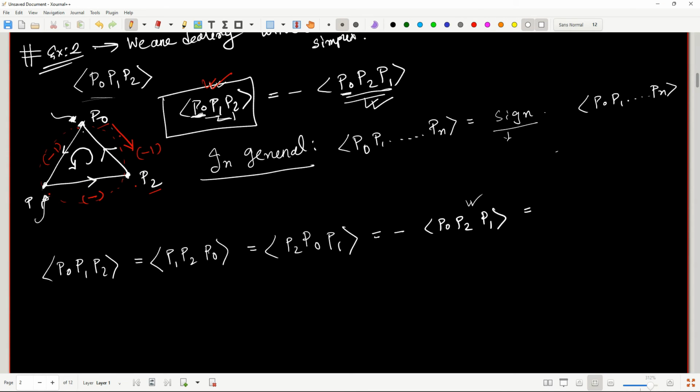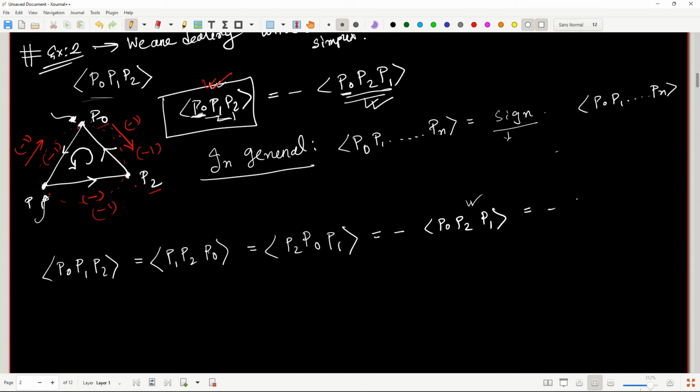So I can now again go from P1 to P0, because if I go from P1 to P2, I'm going along the direction that I initially endowed this simplex with. So what I want to do, I want to go from P1 to P0 so that I can go into the opposite direction. Okay, so I go from P1 to P0, pick up a minus sign. I go from P0 to P2, again I pick up another minus sign, and then I go from P2 to P1, I pick up another minus sign.